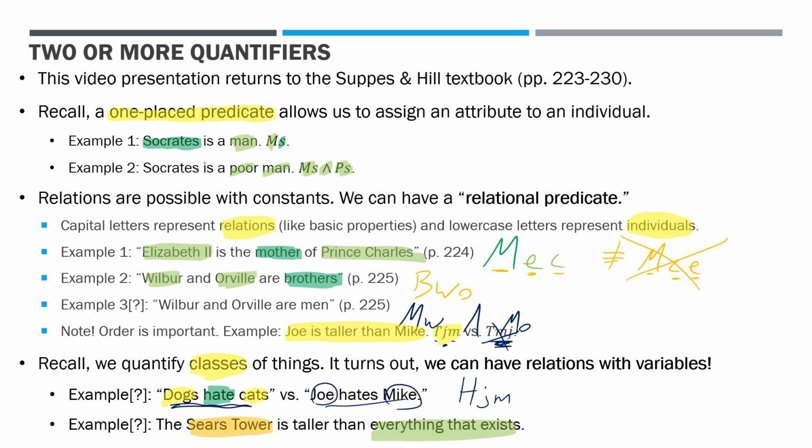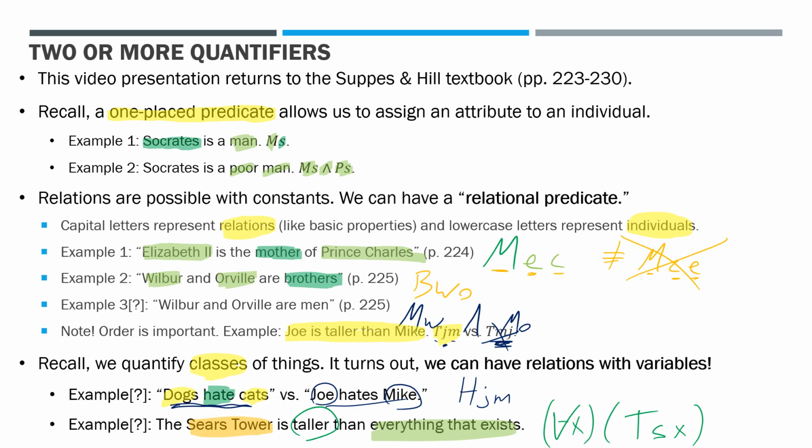But if we give something like this in terms of our symbolism, we'll say something like for all x, let's say capital T for taller, and then lowercase s for the Sears Tower, and then x for everything. That's, strictly speaking, not a good translation because that's saying for all x, the Sears Tower is taller than everything, but x can include the Sears Tower, interestingly enough.